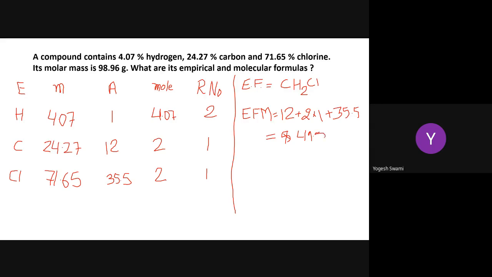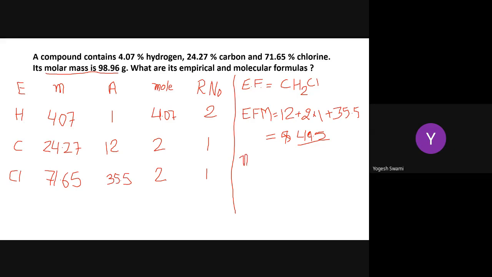Now check whether this empirical formula mass is the same as the molecular mass given in the question. No, there is a big difference. That means this is the empirical formula and the molecular formula is something different. So how do we find the molecular formula?